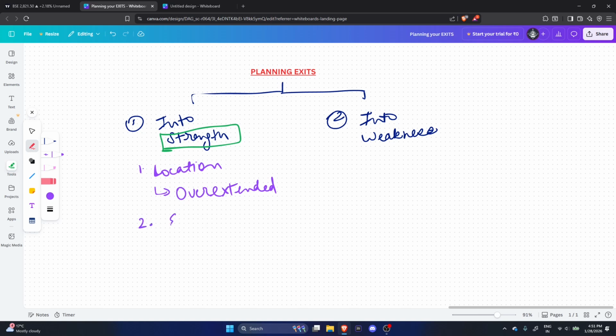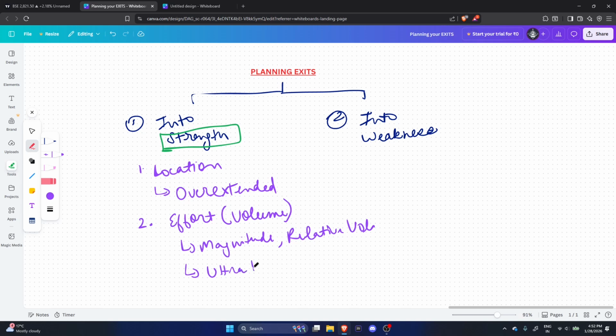Criteria number two is effort, which is basically volume, or let's just say magnitude of volume, relative volume. In this, we need the volume to be ultra high.